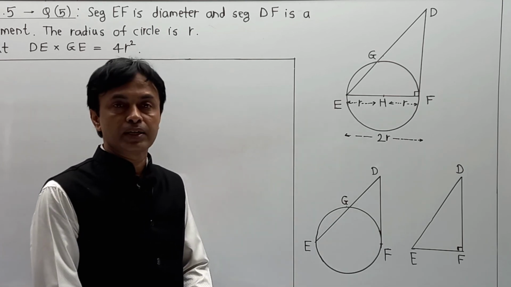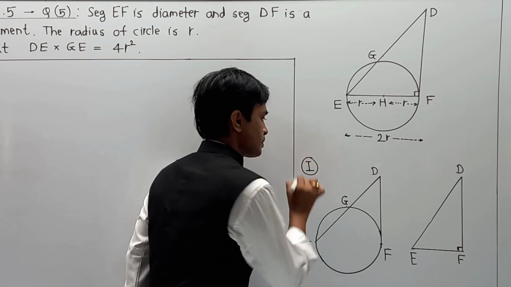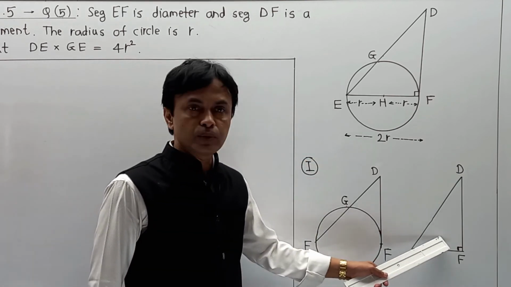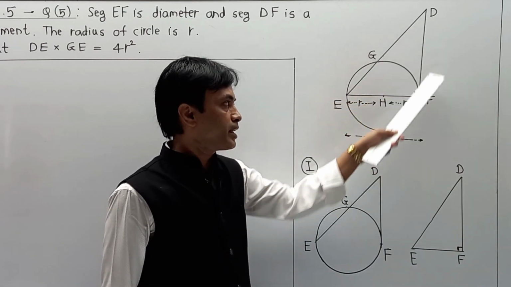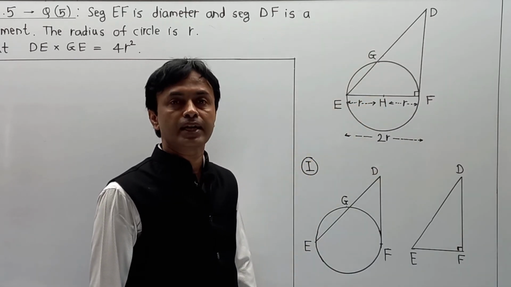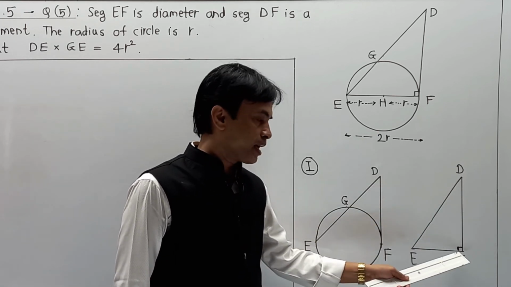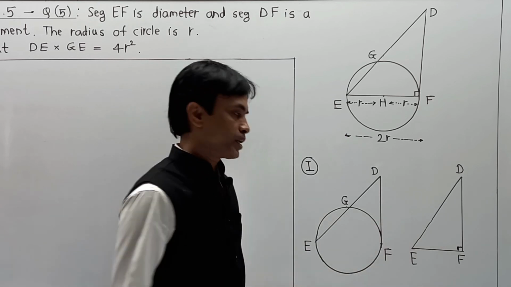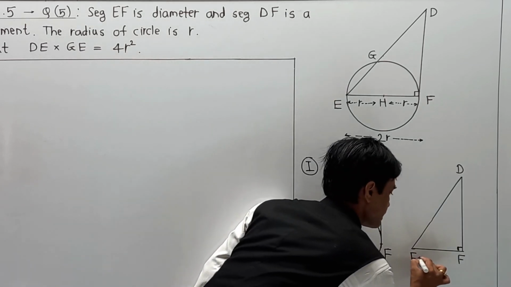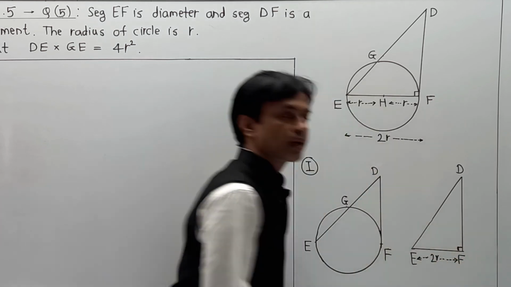That is part 1. So, we are going to write that entire part in part 1. Now, in part 2, I have kept a diagram and that is nothing but DFE, which is nothing but a right angle triangle. So, naturally in DFE, angle F is 90 degrees and we know that EF is a diameter over here, which is nothing but 2 times the radius.